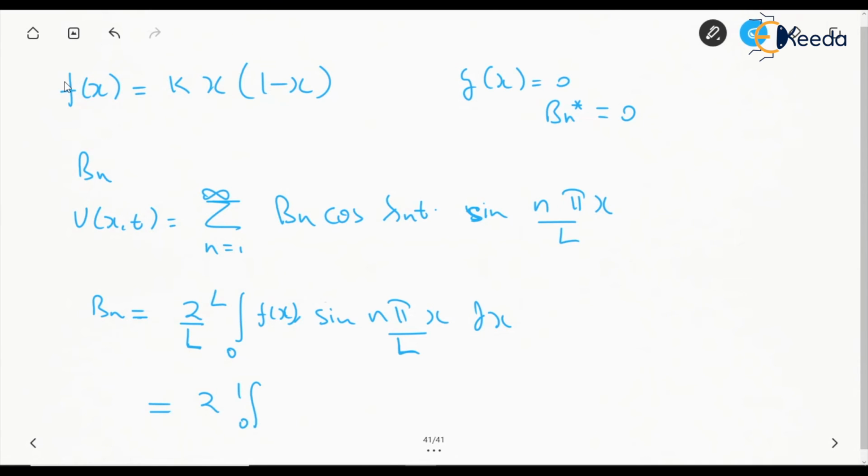Now that L is equal to 1, f of x is given as k into x into 1 minus x into sine n pi x by L dx. So we have to calculate this, and you can either try it by yourself or you can refer to the video. You can refer to the Fourier series for this.